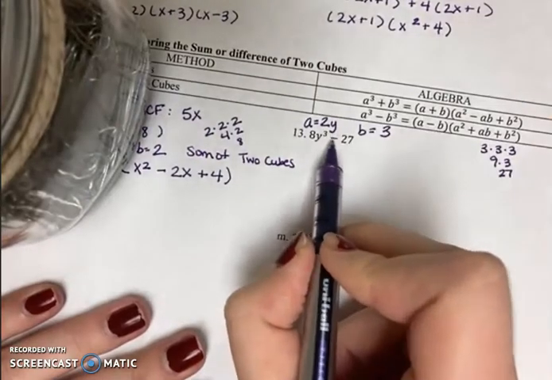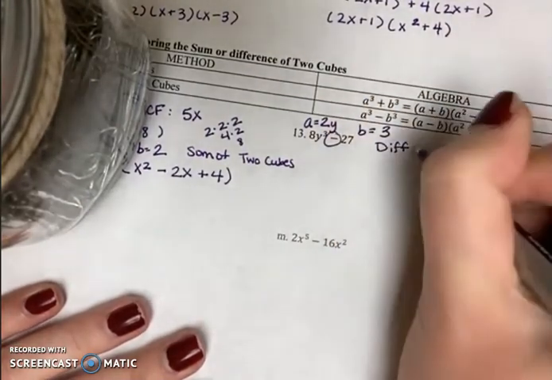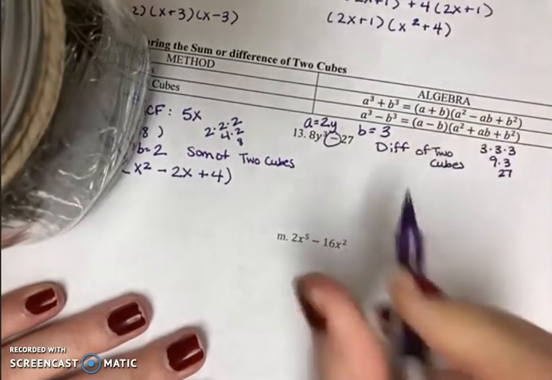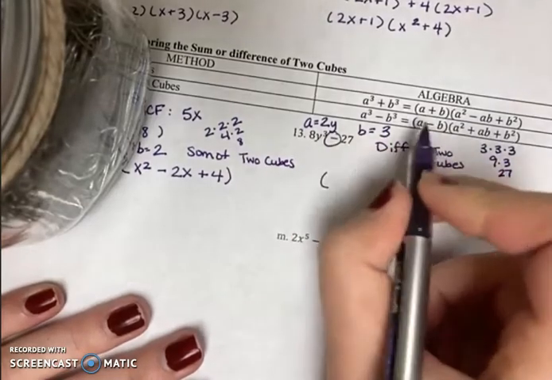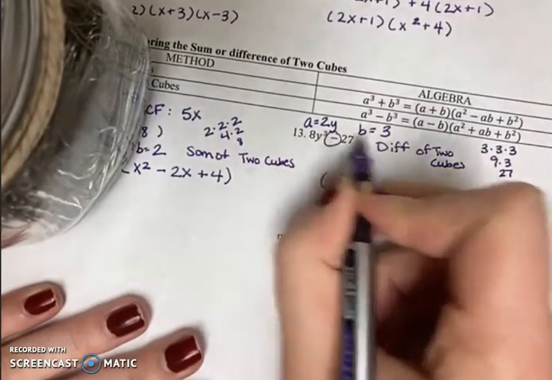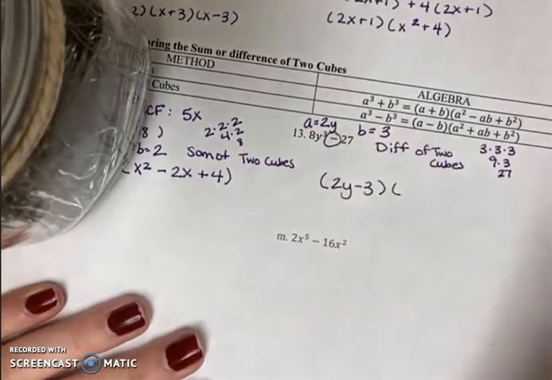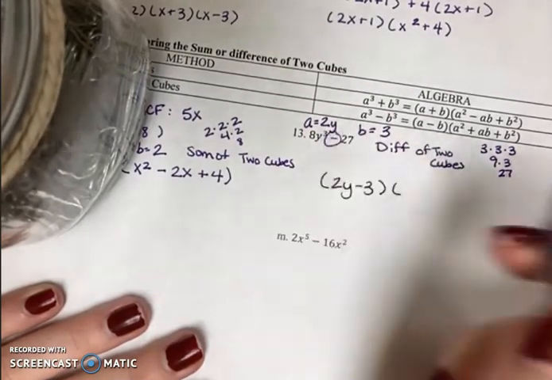Because I'm subtracting, I know I need to use the difference of two cubes rule. Here's the difference of two cubes rule. In the first parentheses, I have a minus b, so 2y minus 3. And in the second parentheses, I have a squared, so 2y squared.